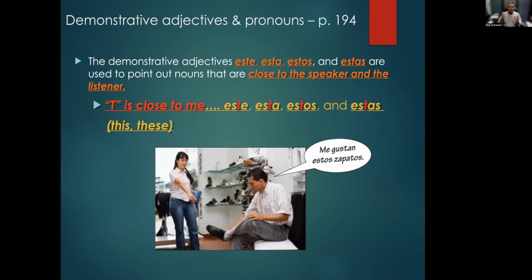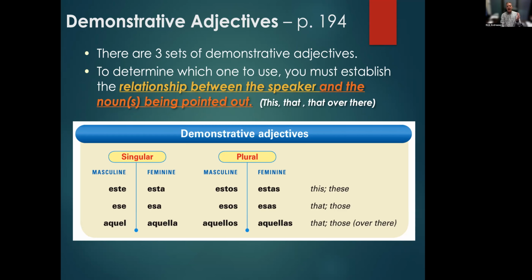Here's a tip. Notice what it says in red. T is close to me, so it's a rhyme. So if you're trying to remember between este and ese, the one with the T in it, este, is the one that's close to me. So let's go back. So look here. Este, esta, estos, estas all have T's in them. So those are close to me.